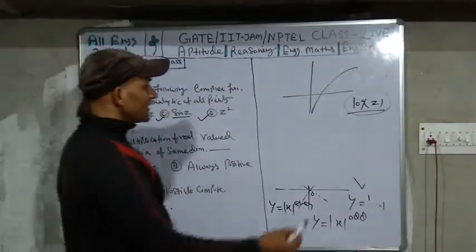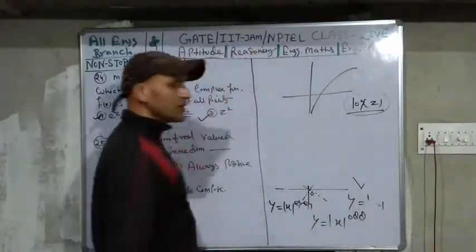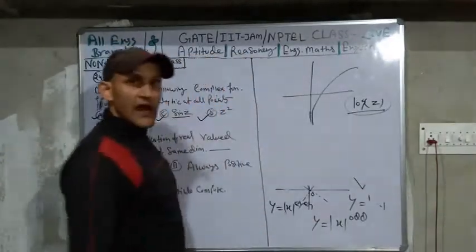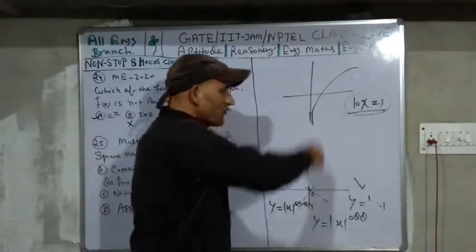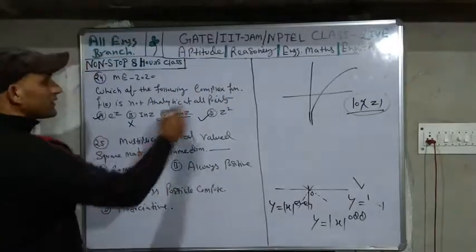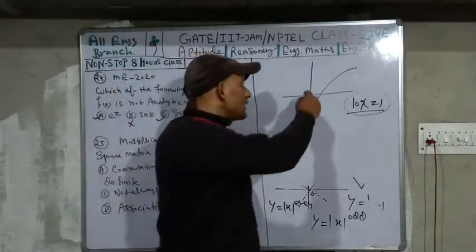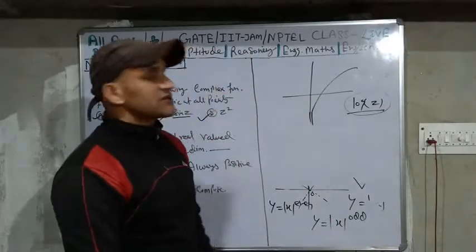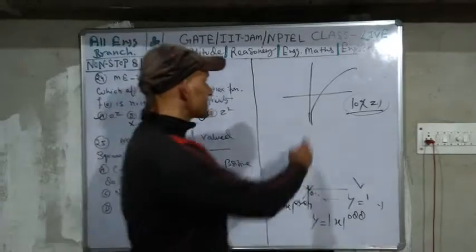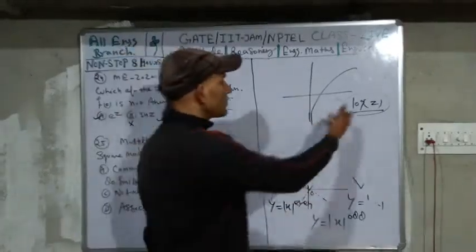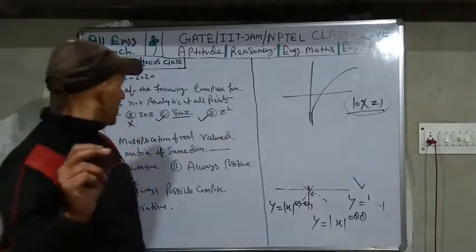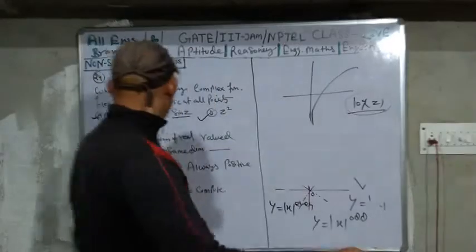So it will exist only for positive numbers, but at 0 it goes to infinity. It means that at 0 this function is divergent. So this function is not differentiable at 0, because the function does not exist at 0. We don't know about the value at 0. So this is not analytic at 0.